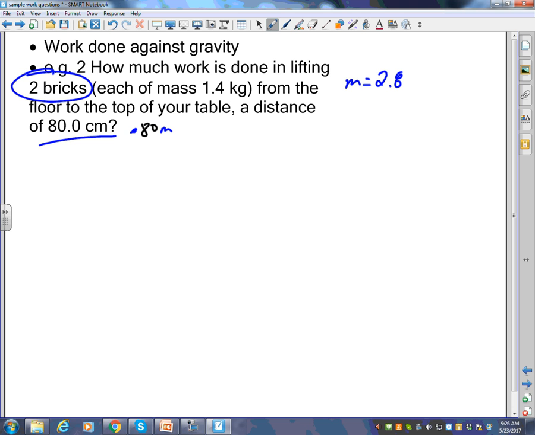Okay, so we are lifting here. So we've got a weight force, and we've got an applied force, which is up. The first step would be to find said weight force, mass times gravity. So 2.8 times 9.8.